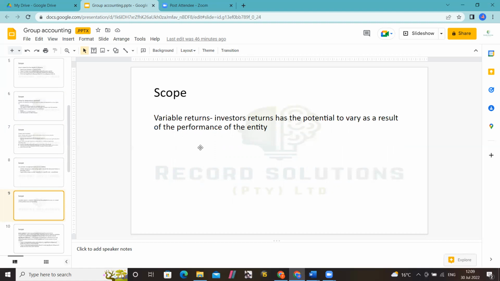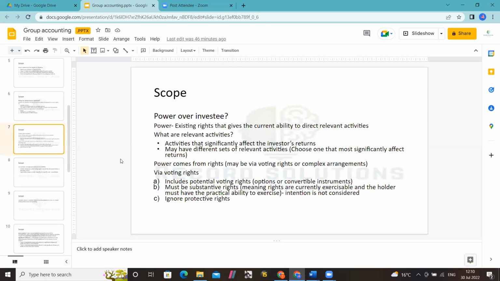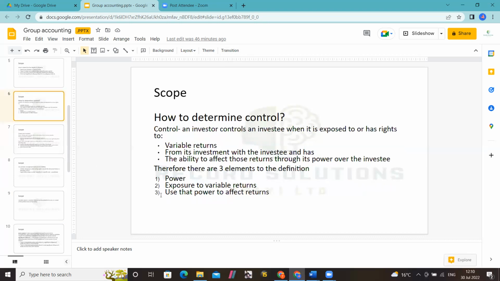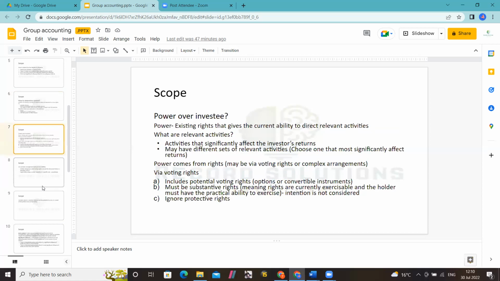That control, that power that you have, you use it to affect returns. In most cases they're going to give you 1 mark for that last conclusion, because it's just the last element you're concluding. The most important element is the power, but do not forget to conclude, because that's just losing marks. And that's the scope.